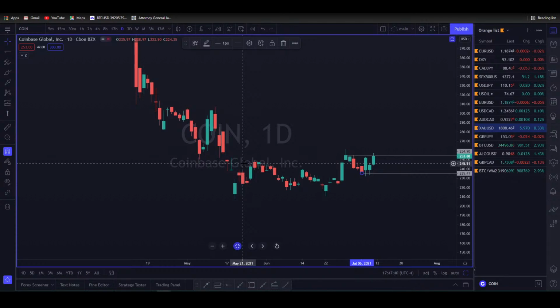It was valued at about 250 bucks per share, traded way down below 250 bucks per share, had what looks like consolidation and/or possibly accumulation, got a bounce out of the area, filled the gap, came in, put in a higher low. As soon as you take out this daily high, you have a higher low and a higher high, and that is a possible trend reversal.